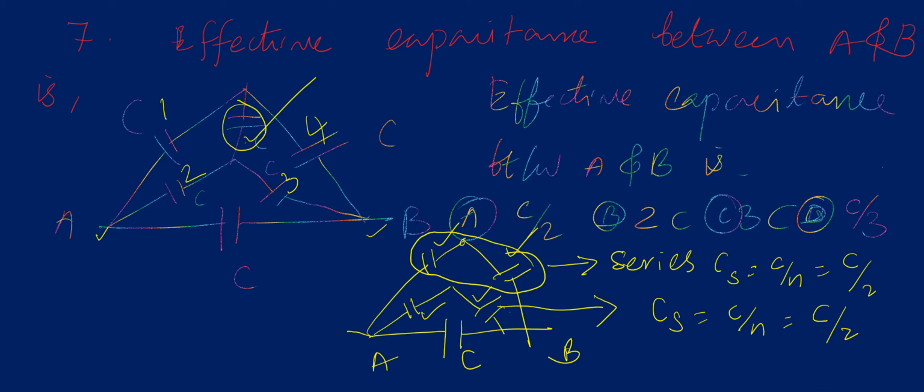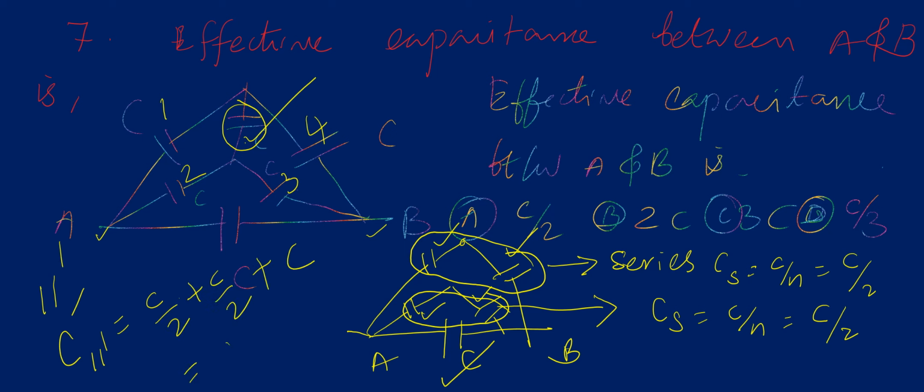In a parallel circuit, the effective capacitance is the sum of all, that is C by 2 plus C by 2 plus C, that is C plus C, that is 2C. So option B is the correct one.